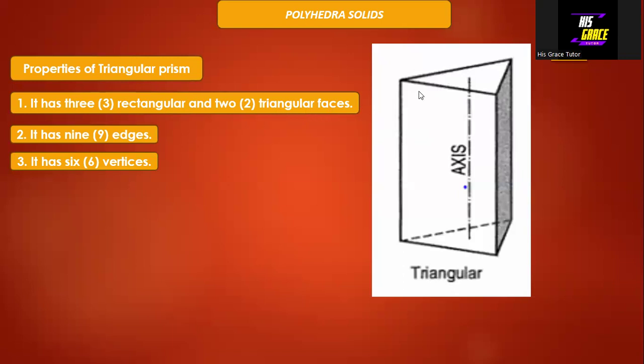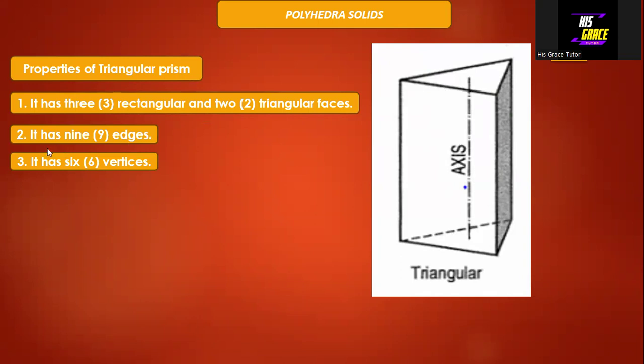So triangular faces are the cross section, while the rectangular faces, we have one here, and there's another one here. So it has 3 rectangular faces and 2 triangular faces, which are for the cross section through which we name them.